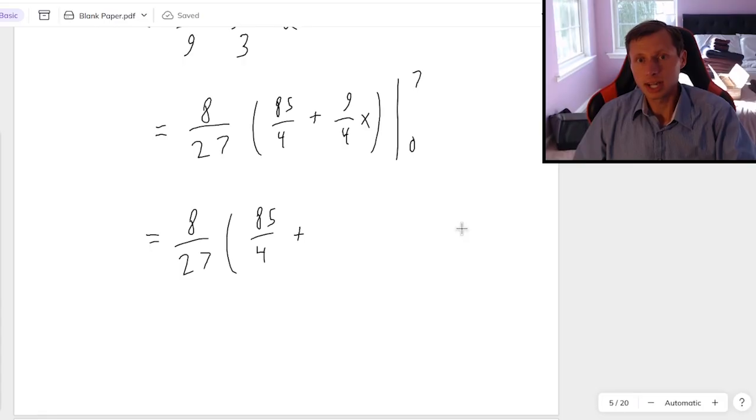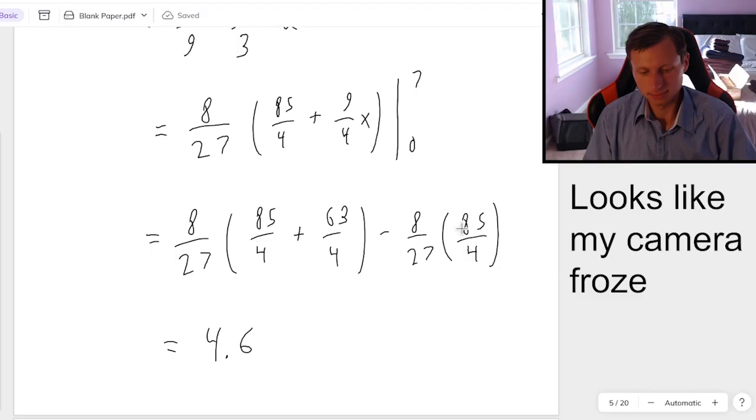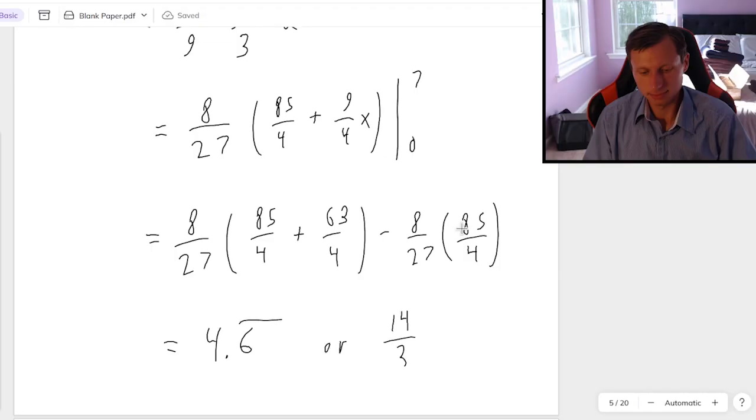But 7 times 9 is 63 fourths. And then minus when we plug in 0, which will just leave us with the 85 fourths. So whatever this comes out to, I guess I'll get a calculator real quick. You would get 4.6 repeating, or as a fraction, it's going to be 14/3. And that's the answer for that one.